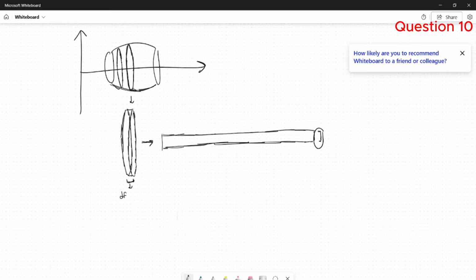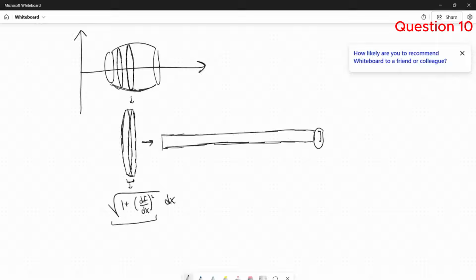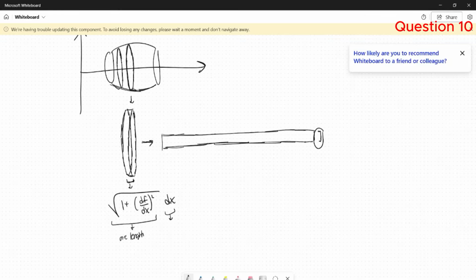And what else is dependent on the speed at any point? The arc length. This value here will be represented as square root of 1 plus (df/dx) squared, dx. This part of the value here is the arc length at any point, and this value here is the very small distance that you move in the x direction.